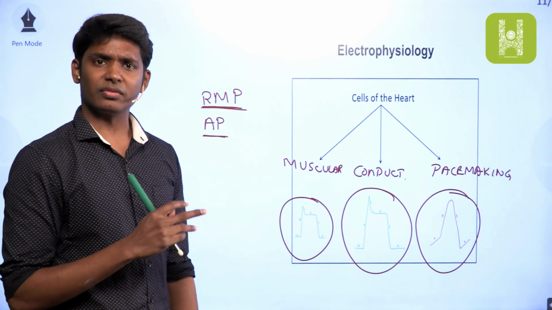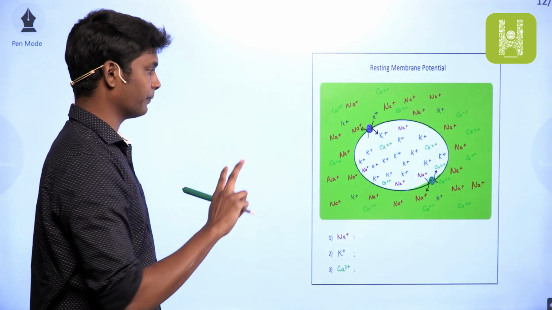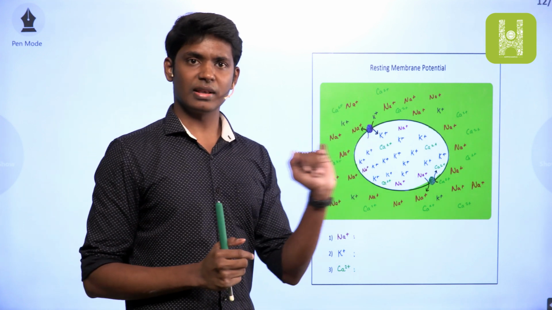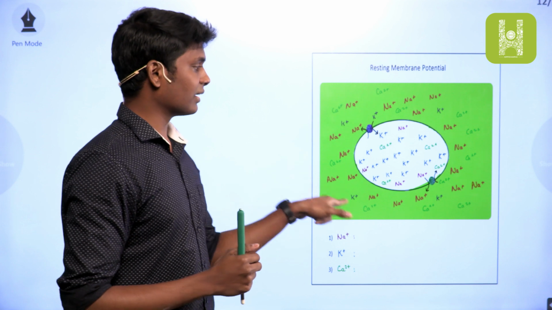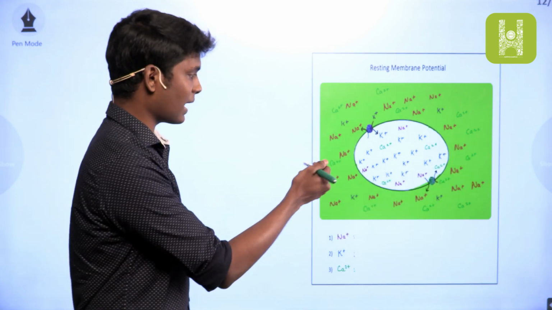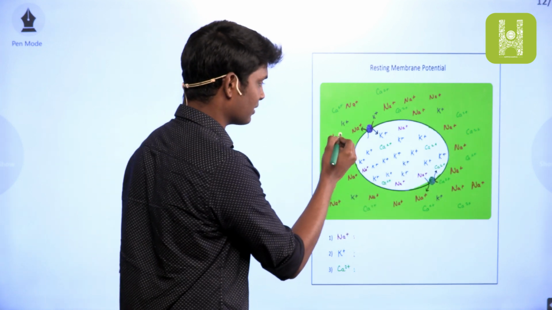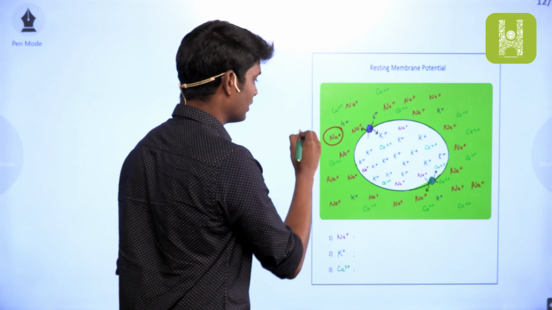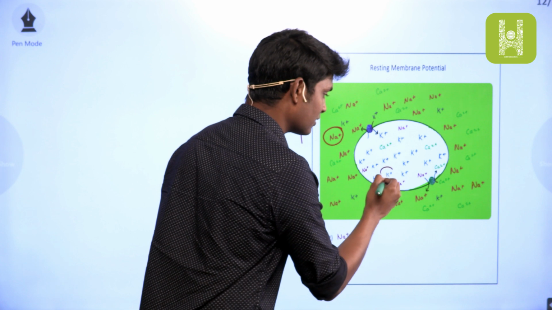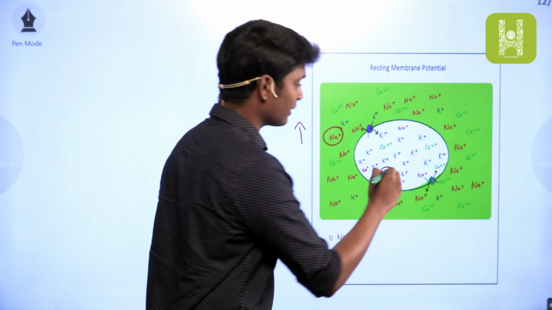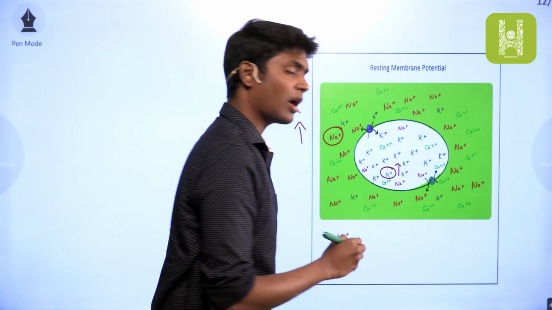Let me tell the basics of the resting membrane potential first. So have a look at a cell. Consider this as a cell, and this is the extracellular space. As you can see from the diagrams, the extracellular space has increased sodium, whereas the intracellular space has increased potassium levels. So how does this occur?